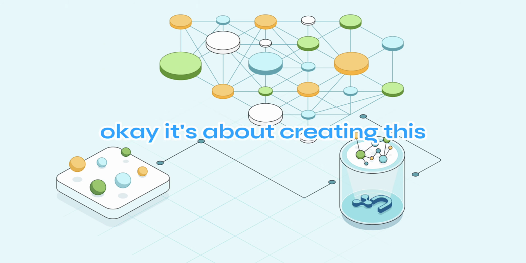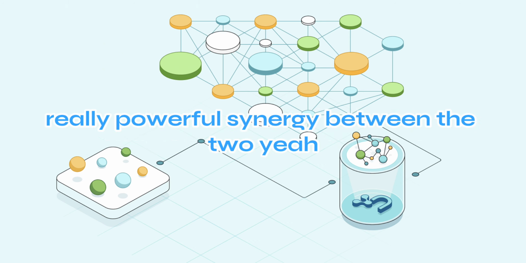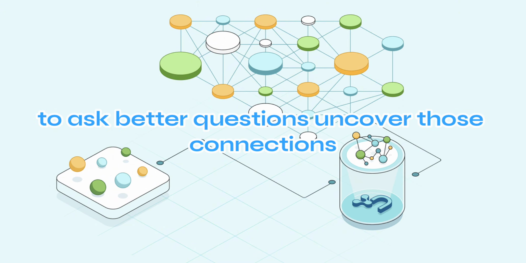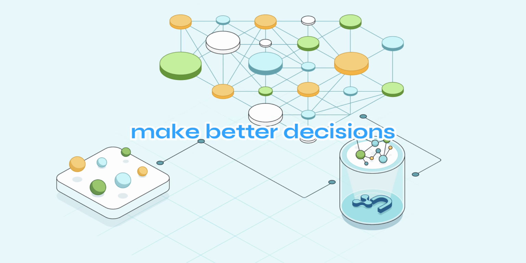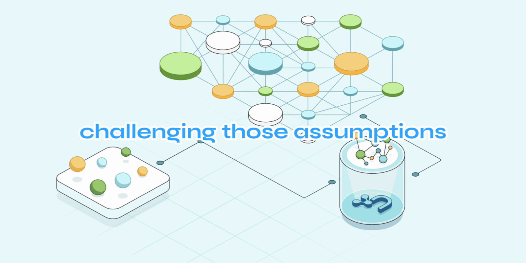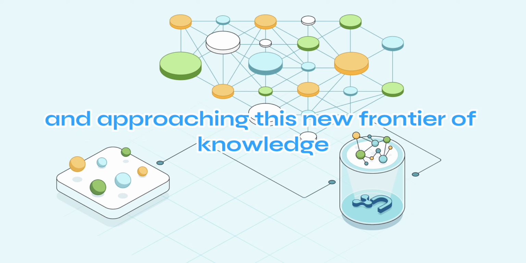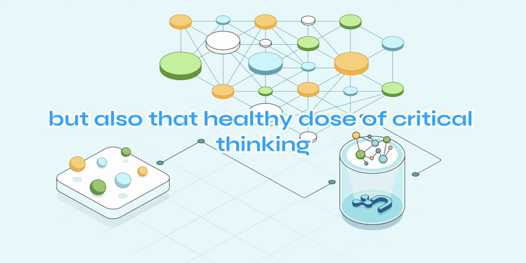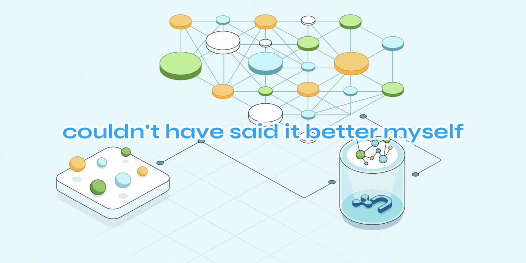It's about creating a powerful synergy between the two, about empowering ourselves with the tools and knowledge to ask better questions, uncover those connections, and ultimately make better decisions. It's about embracing curiosity, challenging assumptions, and approaching this new frontier of knowledge with excitement, but also a healthy dose of critical thinking. Couldn't have said it better myself.